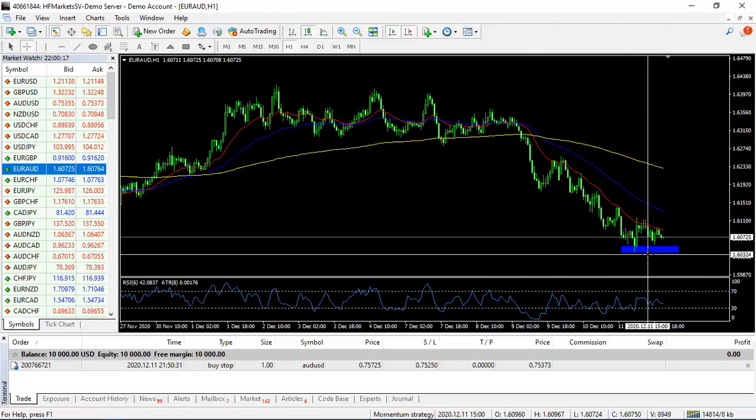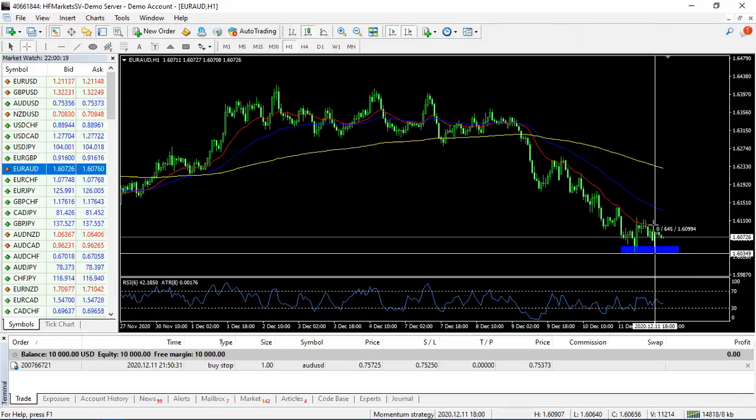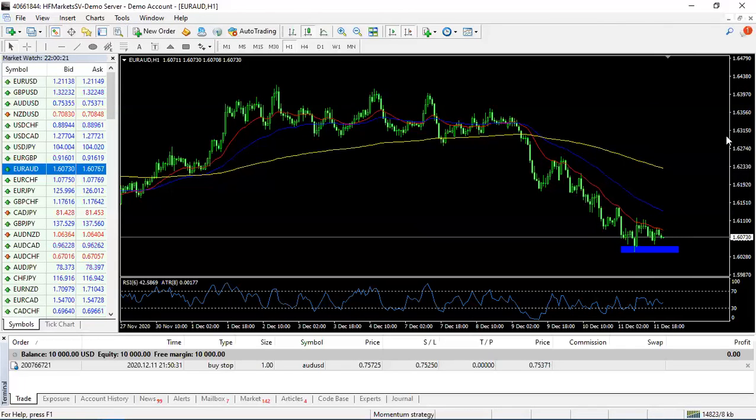So yeah, that's where the discipline comes in. You need to really be careful with the risk management. You need to only risk 2% at any given time. Yeah. So this is something we could take.